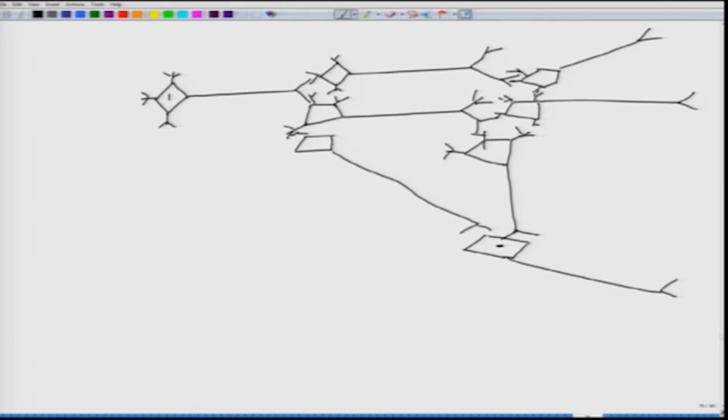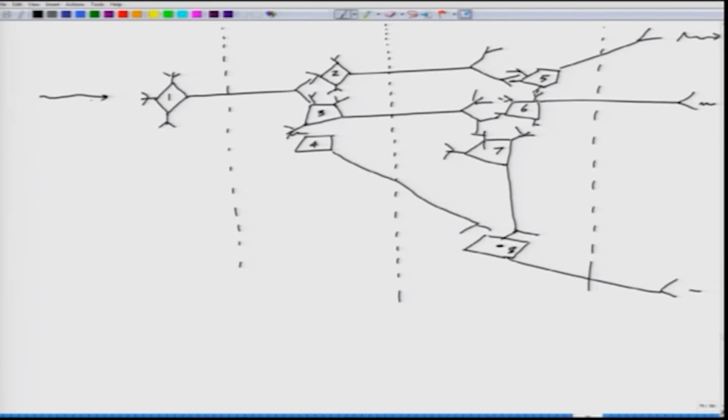You have 1, 2, 3, 4, 5, 6, 7, 8. So you can see that at different levels I have drawn them. And anyway, this goes on, and similarly this is received.